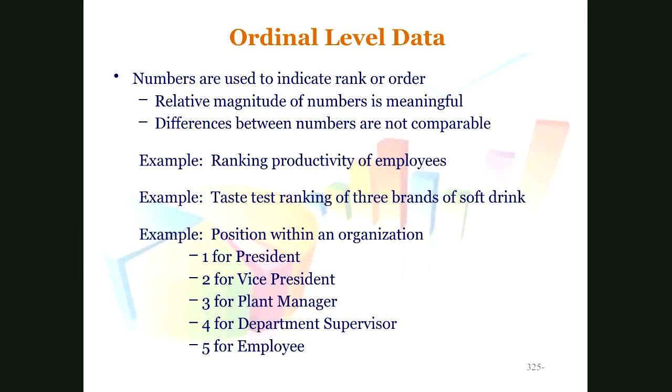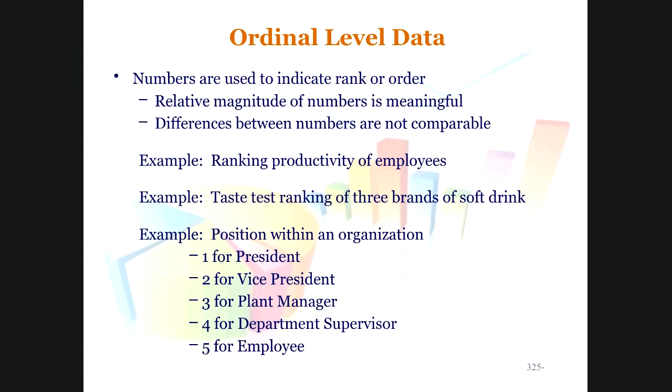So at the end of last class, we started talking about the different levels of measurement, and there was a video on that, and we talked about the nominal level.